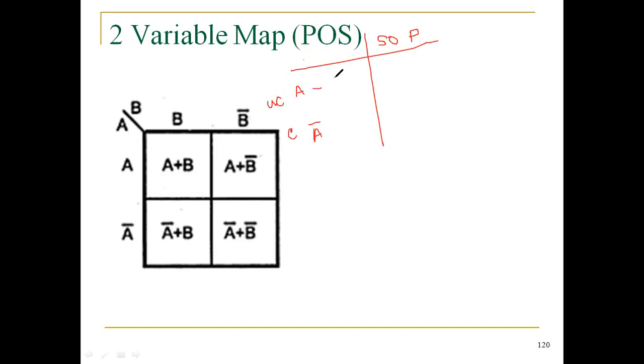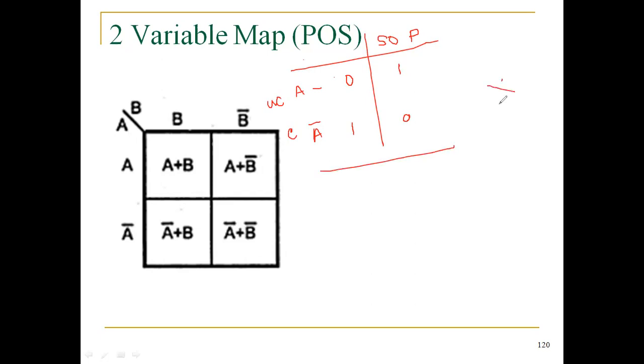Uncomplemented variables are represented in SOP as 1, and complemented variables are represented as 0. But in POS, uncomplemented variables are 0 and complemented variables are 1.